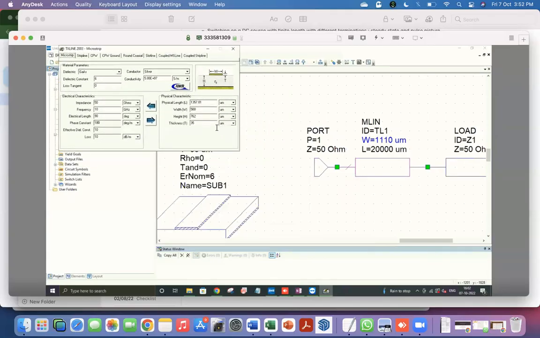So let's take 6, height 762. Width is 1110. Conductivity, let's make it some very large number. 50.4 ohms. So this verifies what's going on.